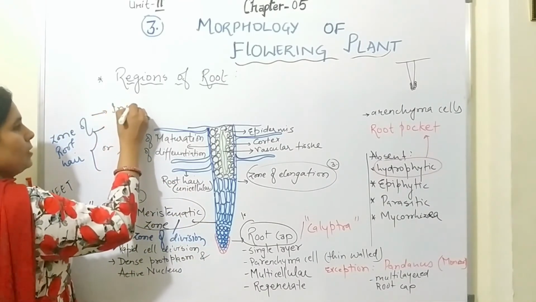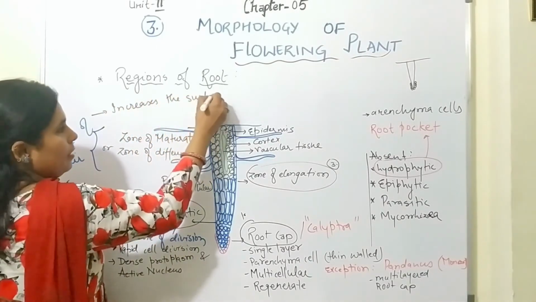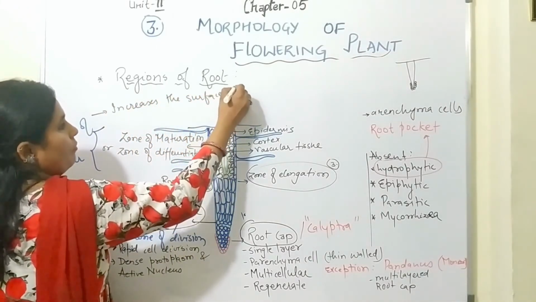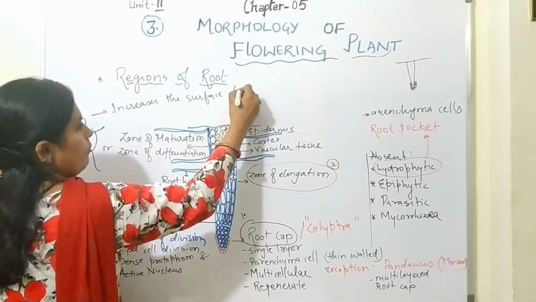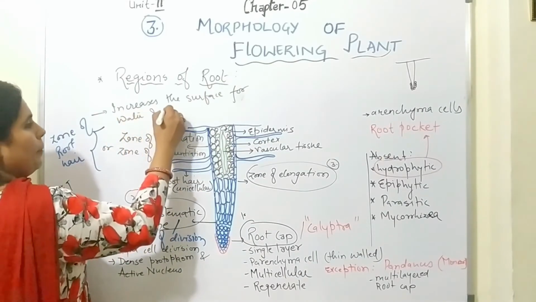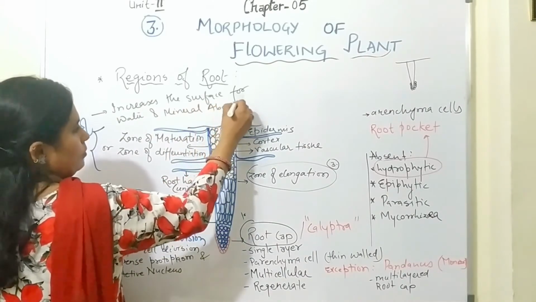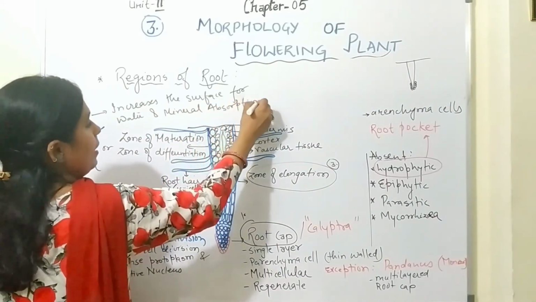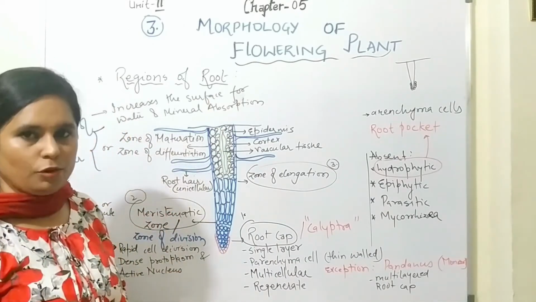It increases the surface area for water and mineral absorption. And this is a very important function of the root, a primary function of the root.